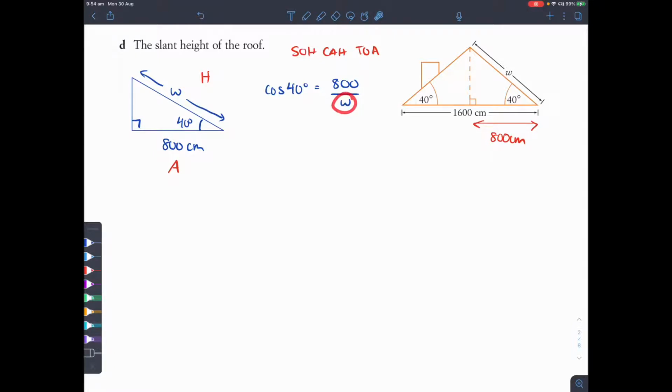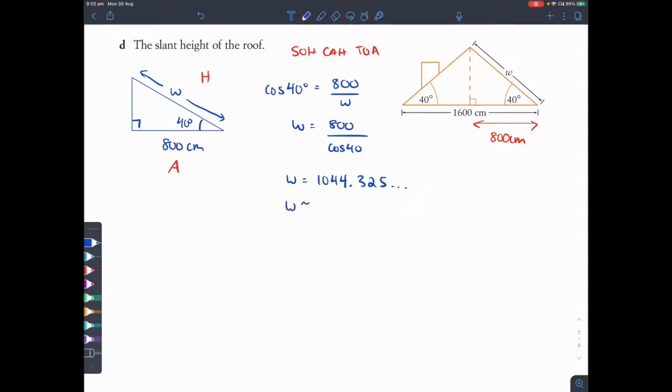And again, our missing value is on the denominator. If it's on the denominator, we switch this around with the value on the opposite side. So W would equal 800 over cosine of 40. So 800 over cosine of 40 is equal to 1,044.325.